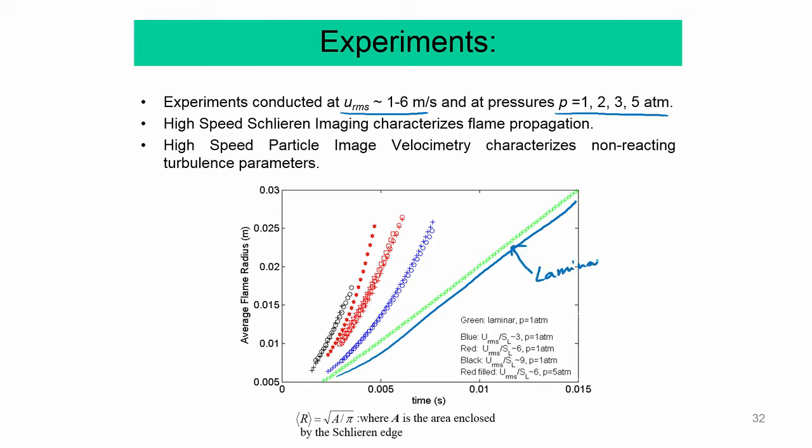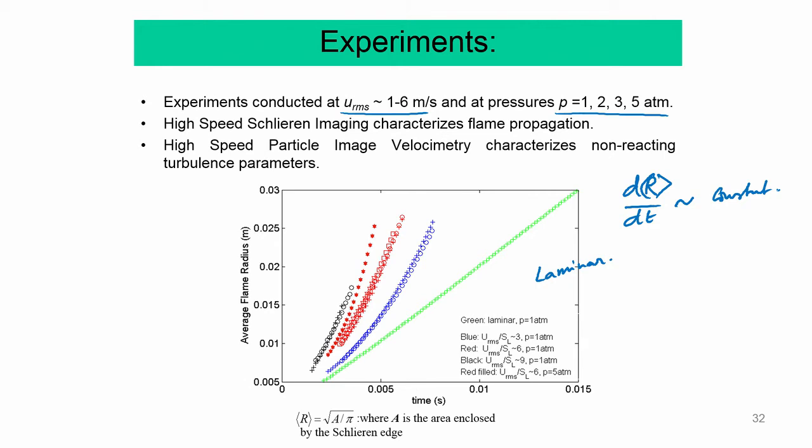You see that this is almost linear with time. But for the turbulent flames, the average radius is not linear, because if it was linear it would have been something like this. So, it is essentially concave upwards. The average radius being linear with time means dr/dt, which is a measure of the flame speed, is essentially constant.